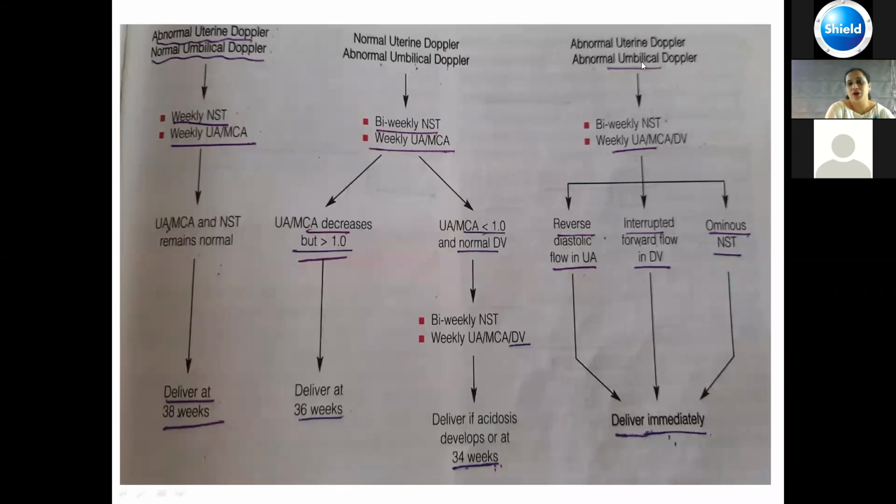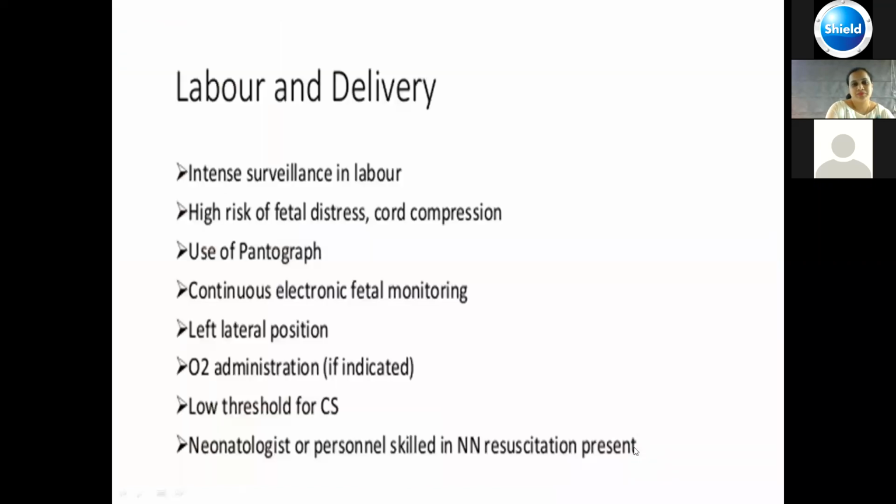If both Dopplers are abnormal, we do bi-weekly NSTs and weekly umbilical arteries and MCAs, and the ductus venosus is included in the Doppler. If there is any reversal or interrupted flow in the ductus, or any non-reassuring NSTs like decreased variability, yes, irrespective of the age, we need to deliver immediately.